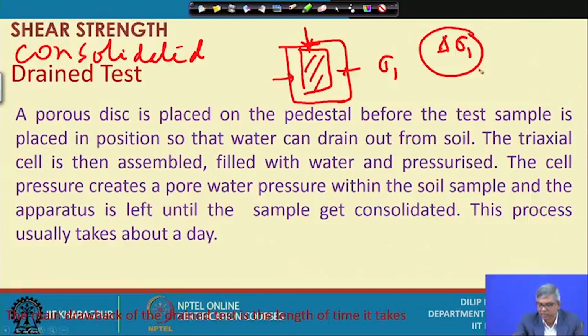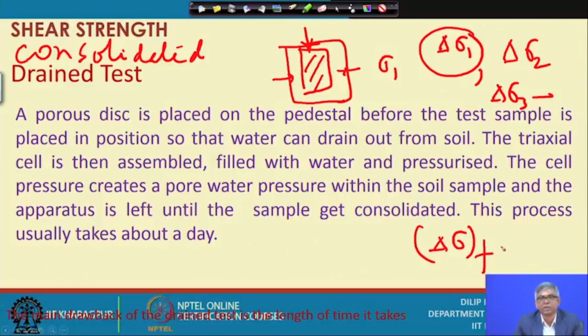After this one is done, then delta sigma 2, delta sigma 3, like that we go on increasing, and finally delta sigma f, that means at failure, how much additional axial load is required to reach failure. That is to be noted. This way we get a totally drained condition, and we get very useful shear strength parameters.